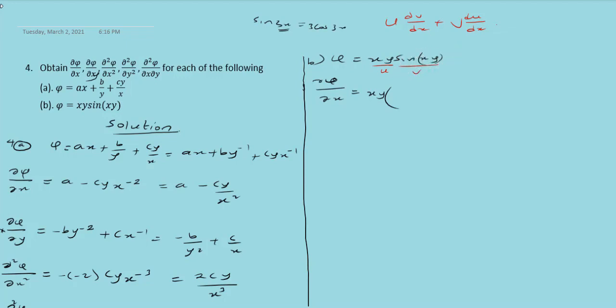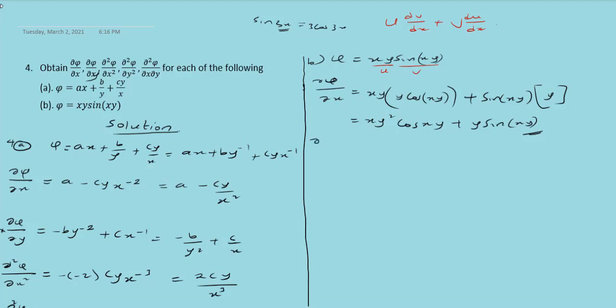Differentiate sine xy, you have y cos xy. That's what we are going to have. Plus now v, that's sine xy, multiplying, differentiate s here. If you differentiate s, the answer is 1. 1 times y. So that at the end of the day you have xy square cos xy plus y sine xy. That is for the phi ds.